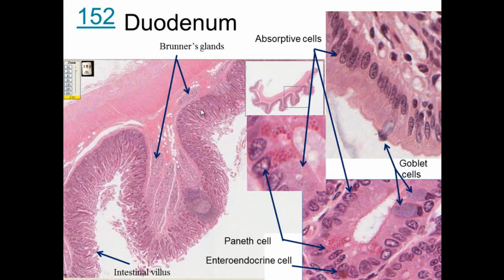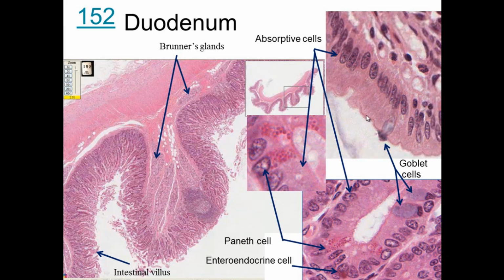At the bottom of these, we have another cell, the Paneth cells, and as the bacteria slide down the crypt of Lieberkühn, they suddenly encounter the granules of this cell to be discharged into the lumen, and that would be the Paneth cells discharging.